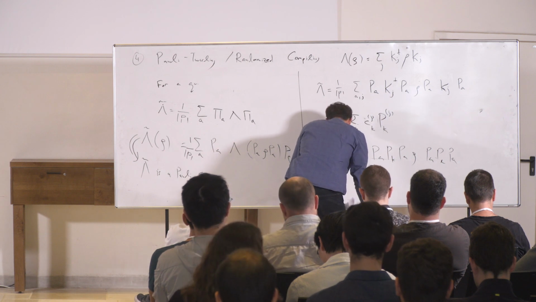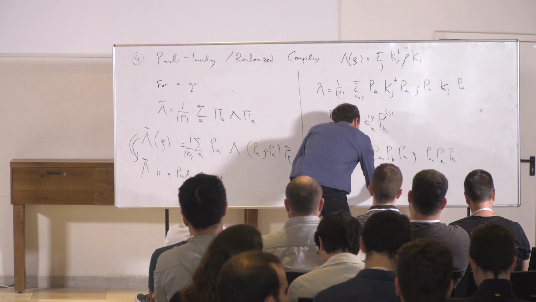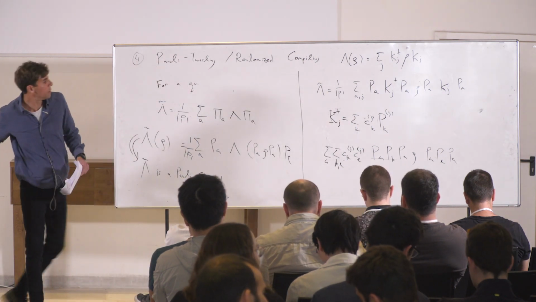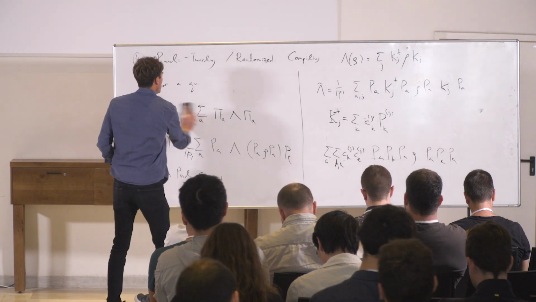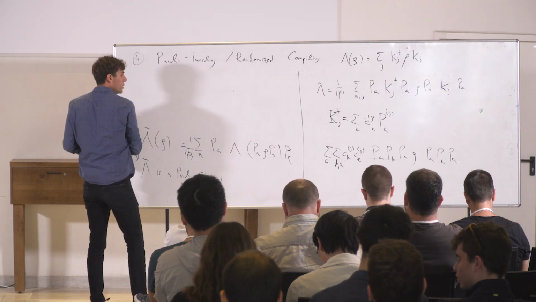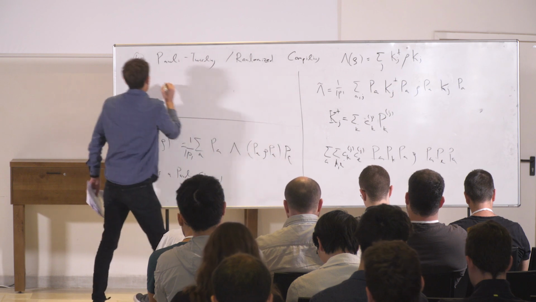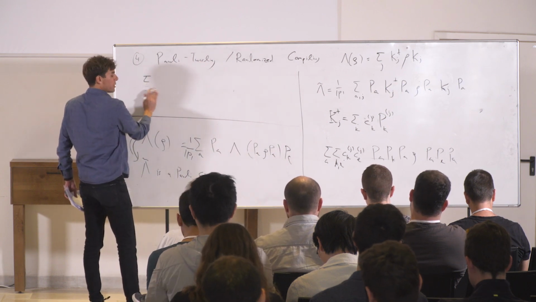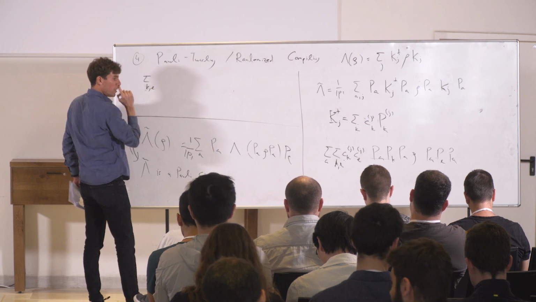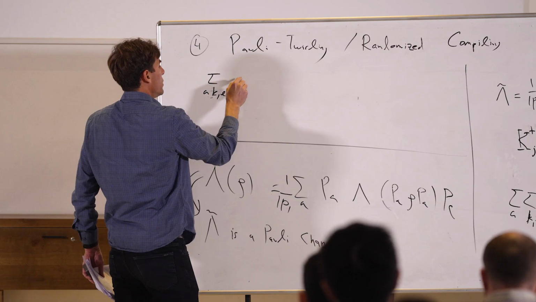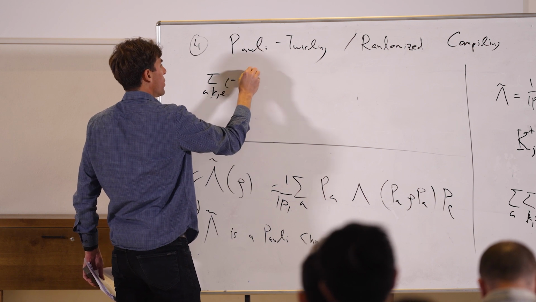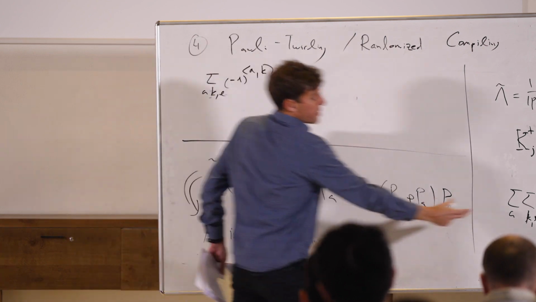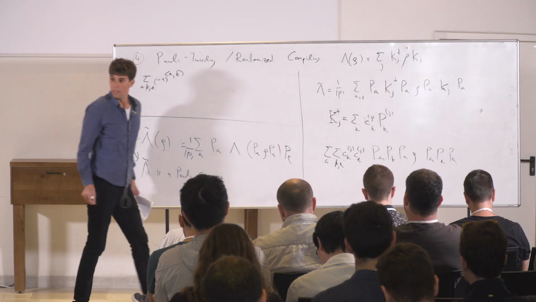So it's a sum over K and L, and A, minus 1 to the power A comma K. This comes from basically contracting this tree.